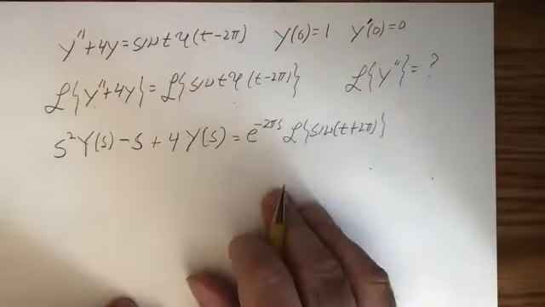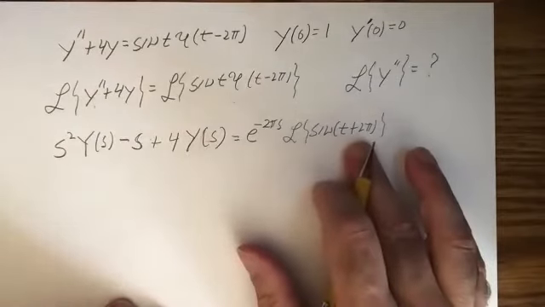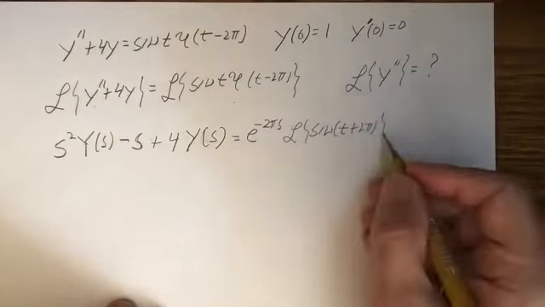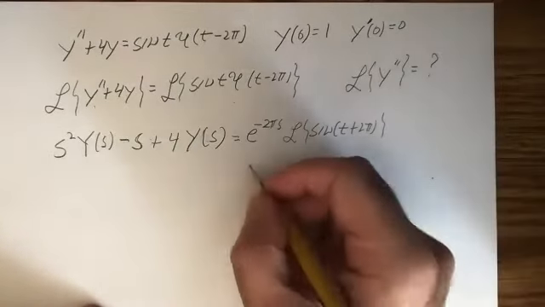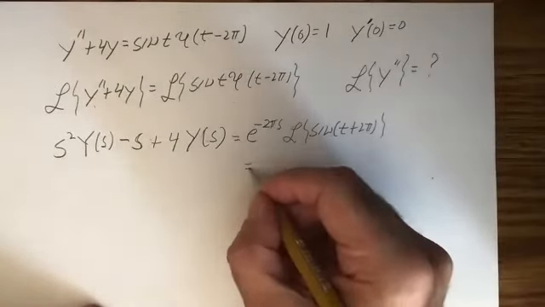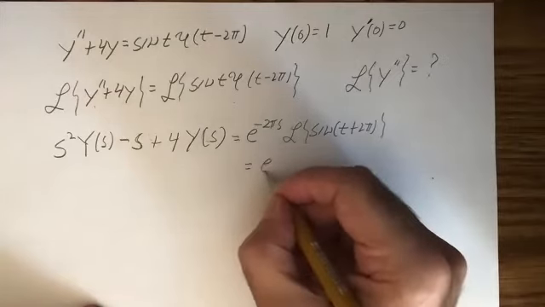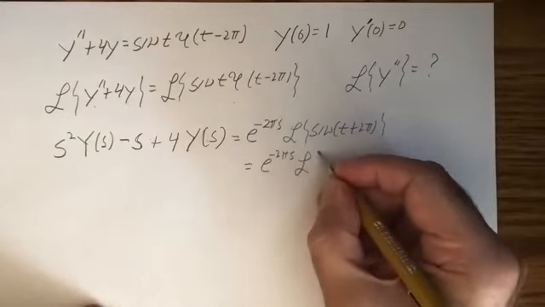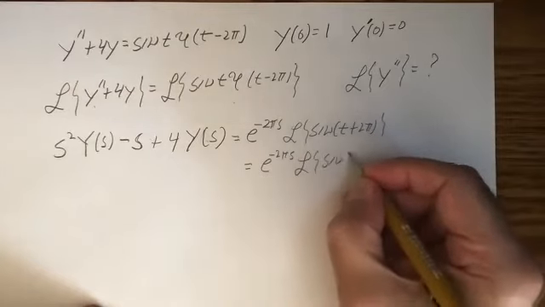In this problem, it's actually pretty simple. The sine of t plus 2 pi is also sine of t. So I can write this as e to the minus 2 pi s, and then the Laplace transform of the sine of t.